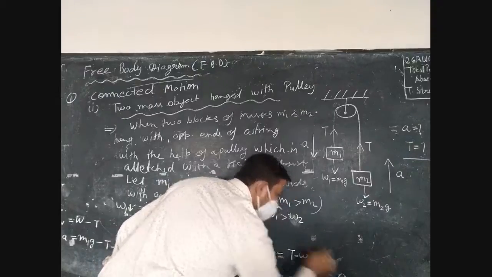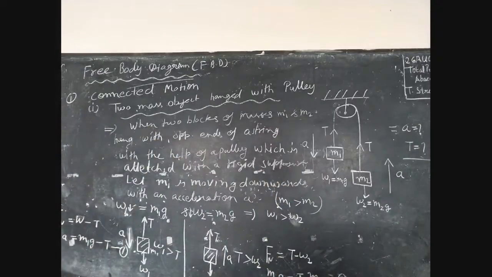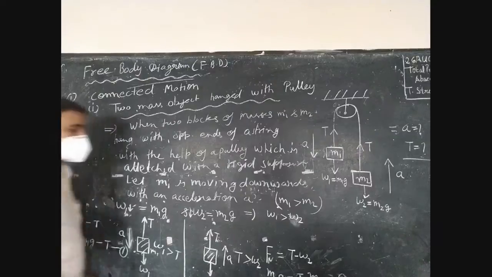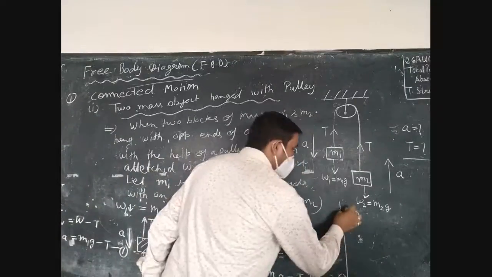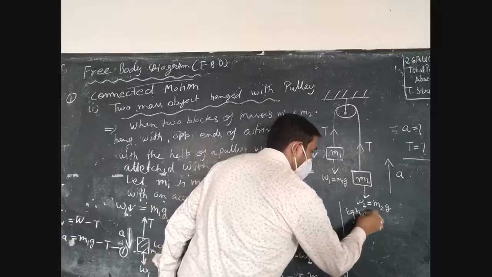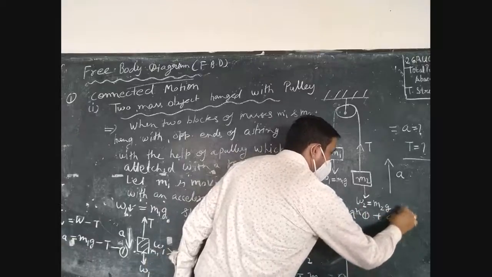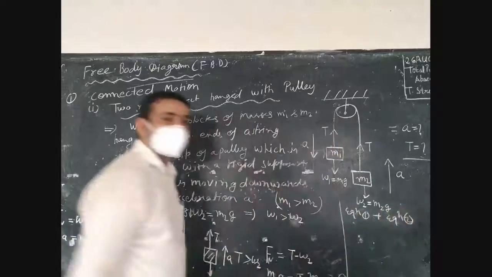This is your equation set. Now solve the two equations. Here we use this to reject the tension, which means eliminate it. So what will you do? Just add the two equations. Equation 1 plus equation 2.